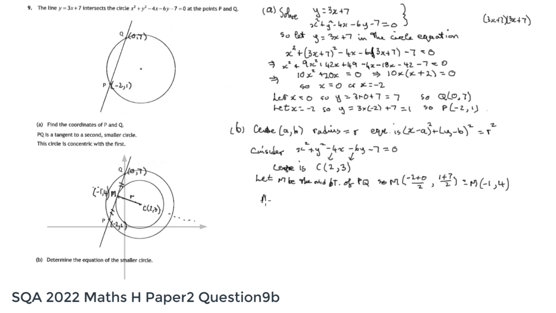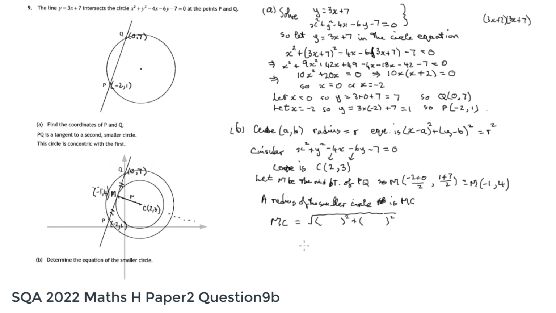A radius, therefore, a radius of the smaller circle is that line joining M to C, is MC. And let's work out the distance from M to C. That'll be the distance formula, the x difference squared plus the y difference squared.